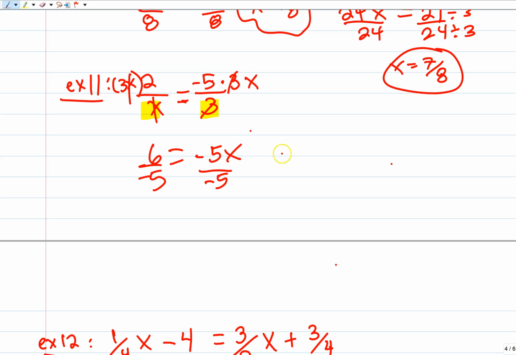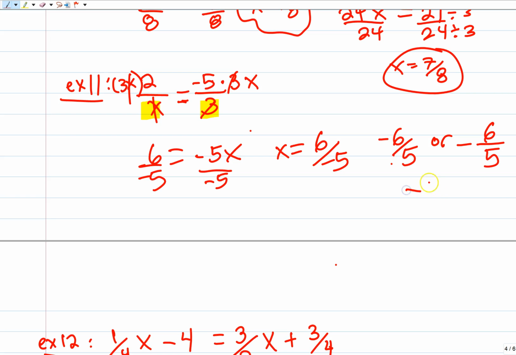Also, do not leave x as 6 over negative 5. That won't be acceptable. Where should that negative go? Either negative 6 over 5 or negative, and then the fraction 6 over 5.